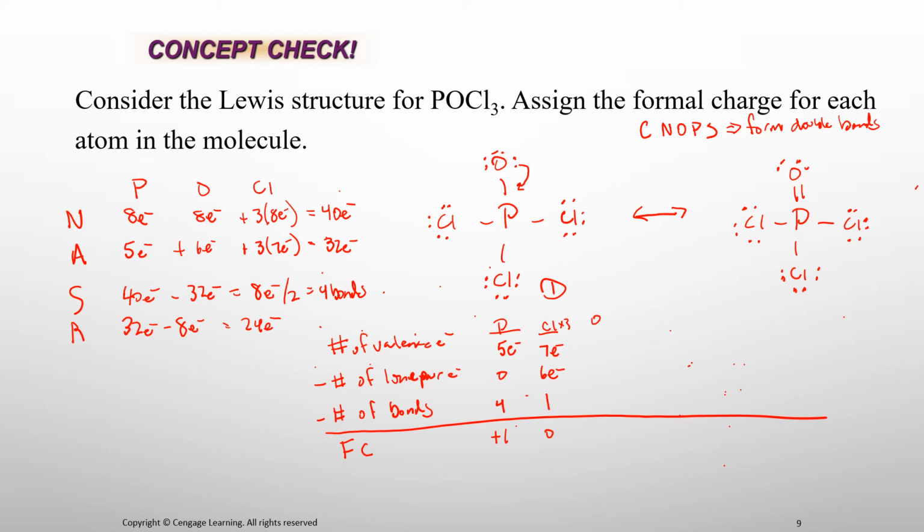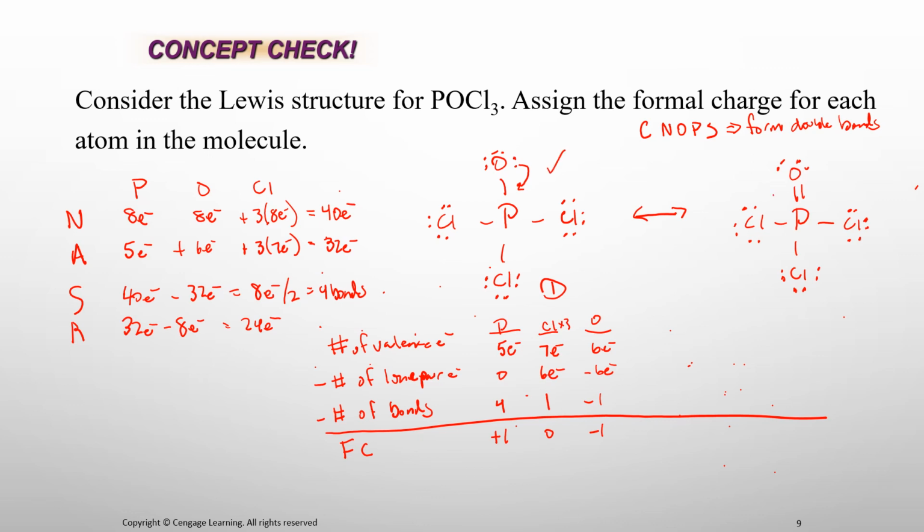And when I look at my oxygen atom, I have 6 valence electrons, I have 6 lone pair electrons, and I have 1 bonded electron coming from the oxygen, or 1 bond. And so 6 minus 1 gives me a -1 charge. Notice +1, 0, and -1 adds up so the molecule equals 0, so this is a valid Lewis structure.